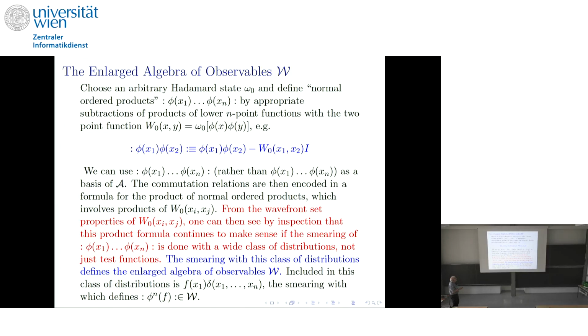So this by itself is doing nothing other than changing the basis of the algebra to these normal ordered products versus the original n-point products. But now you can write down a formula for the product of two normal ordered things, which of course will encode the commutation relations that apply here.